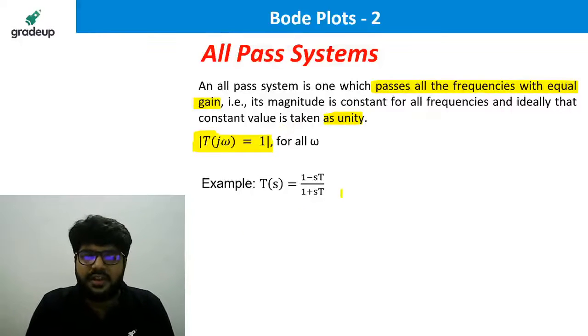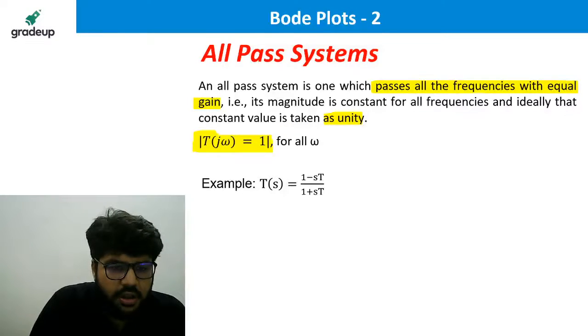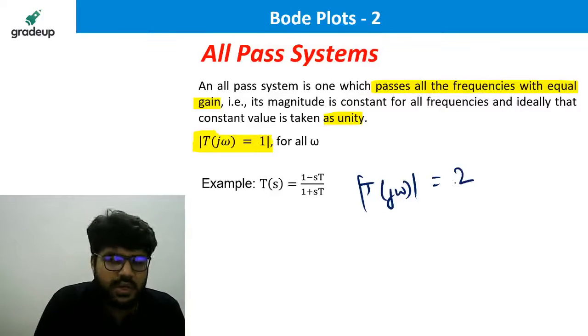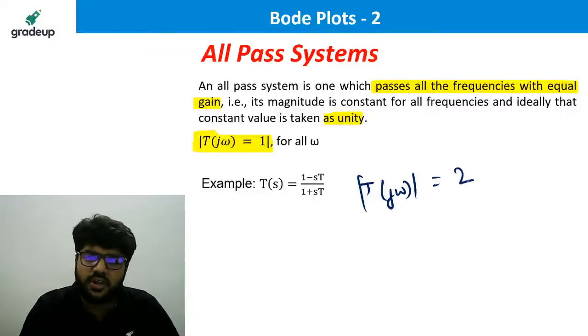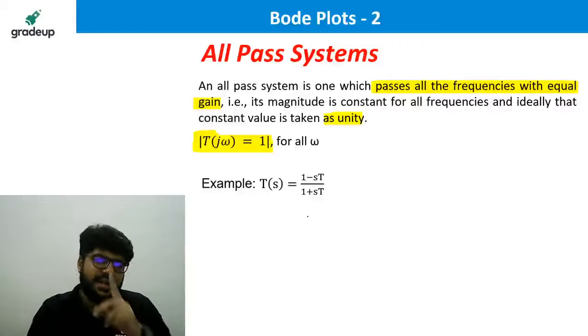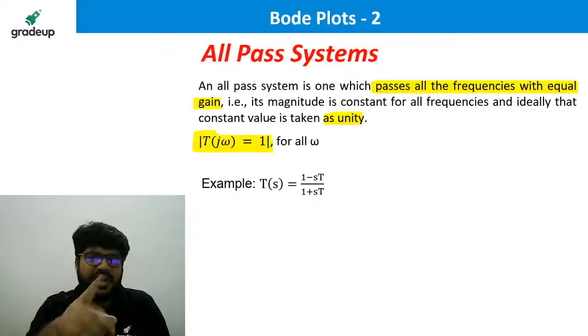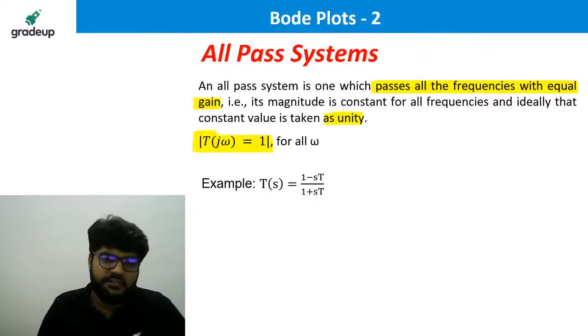Even if you take a system where mod Tj omega is equal to 2, that is also constant magnitude, that is also all pass, but commonly it is taken as 1. So talk about a system where mod Tj omega equals 1, and one of the examples is written in front of you.